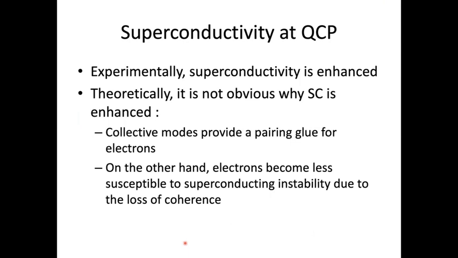However, this is not completely obvious because at the same time, the collective mode makes electrons incoherent, okay? And therefore, it broadens the spectral weight of electrons that are near the Fermi surface. And such an incoherent effect is usually pair breaking.